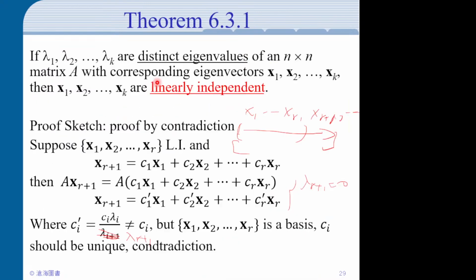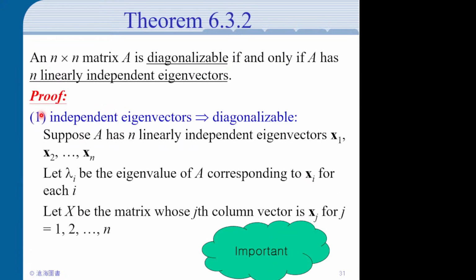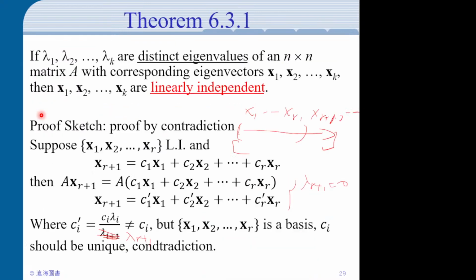This is sufficient but not necessary. Even if the lambdas are not all distinct, A might still be diagonalizable, so you can still have linearly independent eigenvectors. That's something I want to say about 6.3.1. Here is an easy case to analyze, but if some eigenvalues are the same, then things get very tricky, as we will see in the later part of this section.